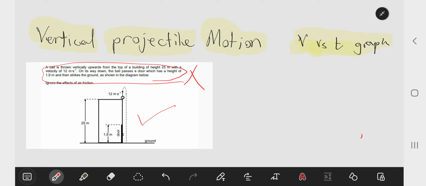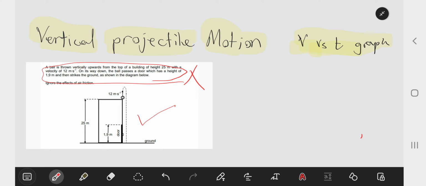If you see things in a picture, it's easier to understand. So if we convert this wording into a velocity time graph, it's going to be easier to see what has happened with the object.